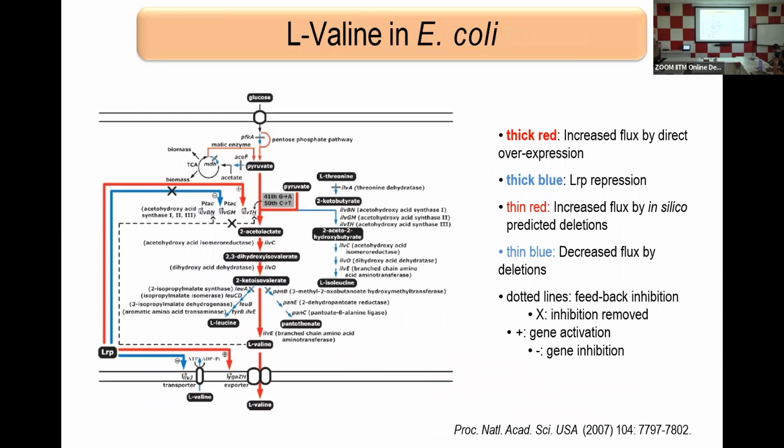Similarly, there are many papers, many applications in the literature showing how specific mutants here and there may result in overproduction of given metabolites. For instance, in this case, it was a genetic intervention in E. coli to make it a hyper producer of L-valine.